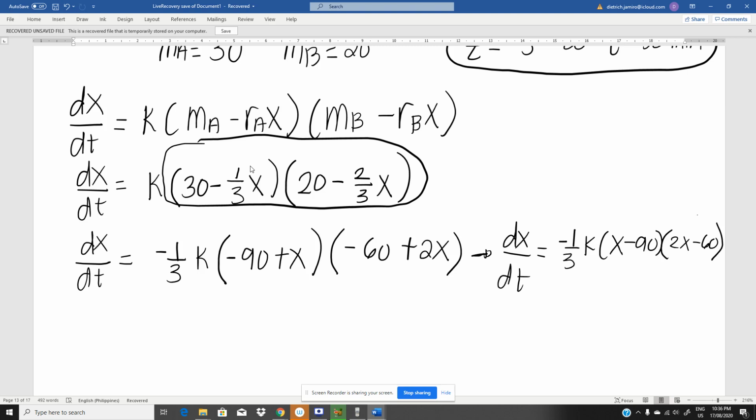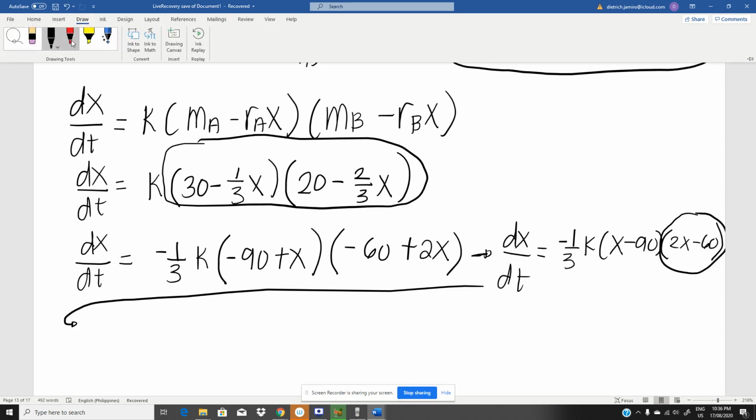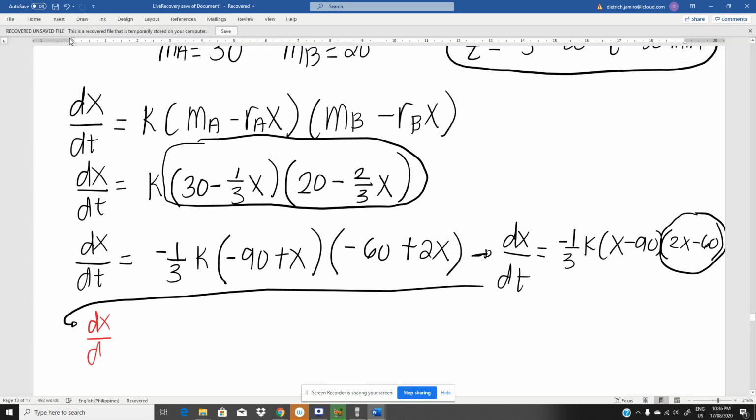Factoring 2 on this term, we will have dx over dt is equal to negative 2/3 times k multiplied by (x minus 90) multiplied by (x minus 30).